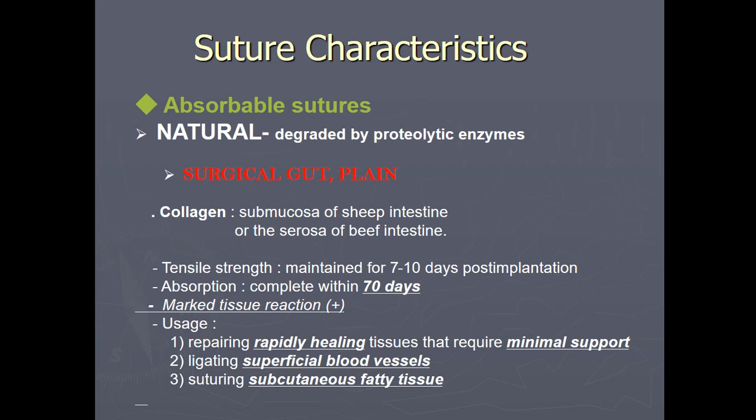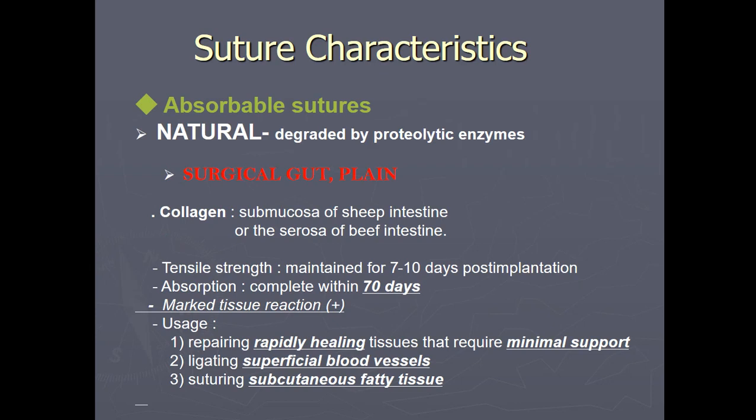This is prepared from the collagen of the submucosa of sheep intestine or the serosa of beef intestine, and the tensile strength is maintained for 7 to 10 days, and complete absorption is within 70 days.